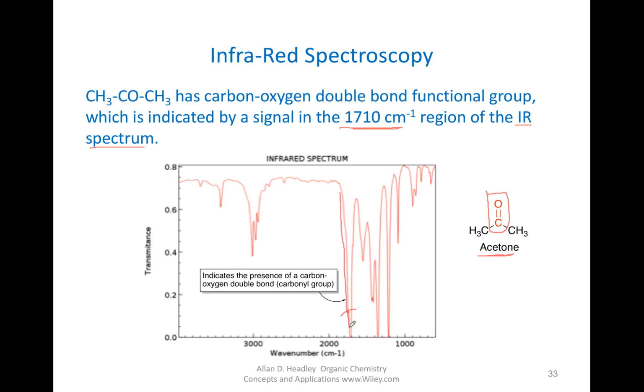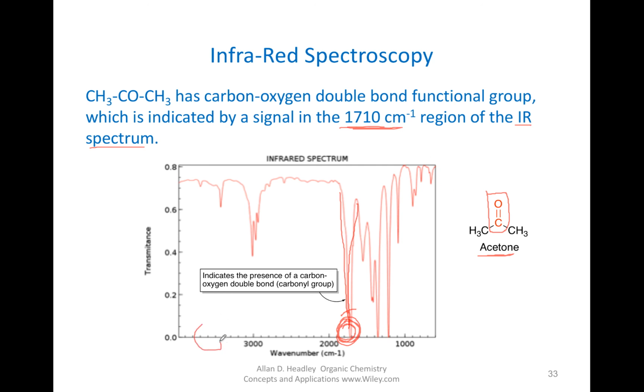Here is a signal right here, because the molecule will absorb energy and a specific and predictable bond excitation, vibration occurs, and it occurs right here in this region of the electromagnetic spectrum at 1710.